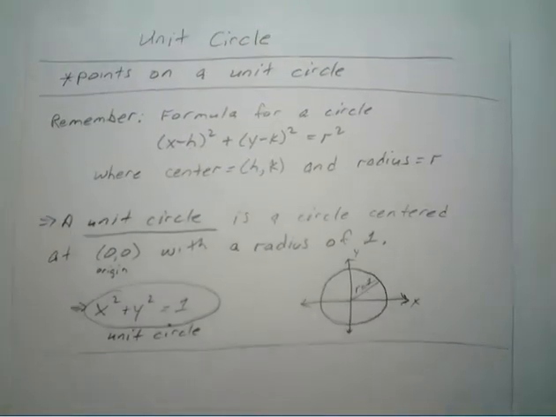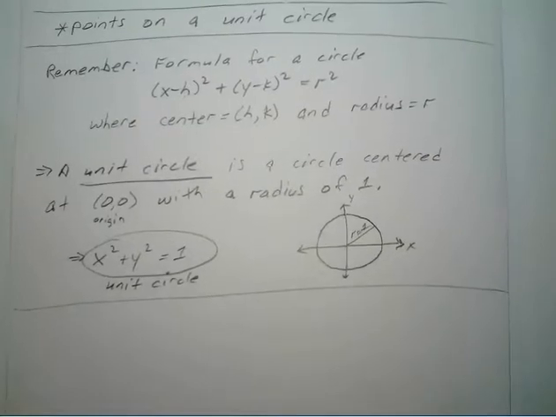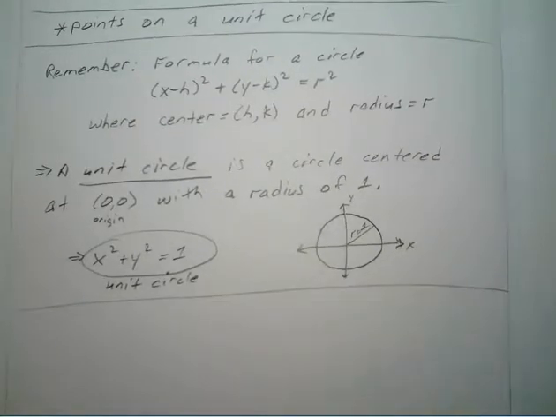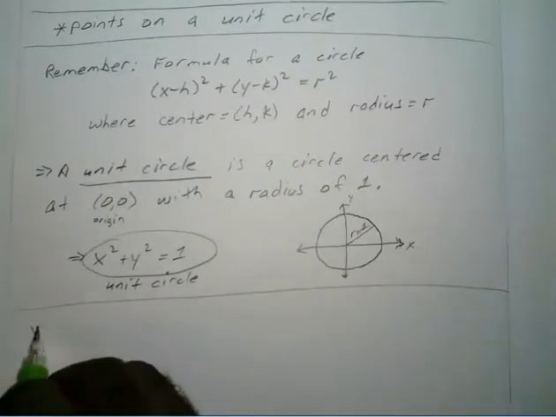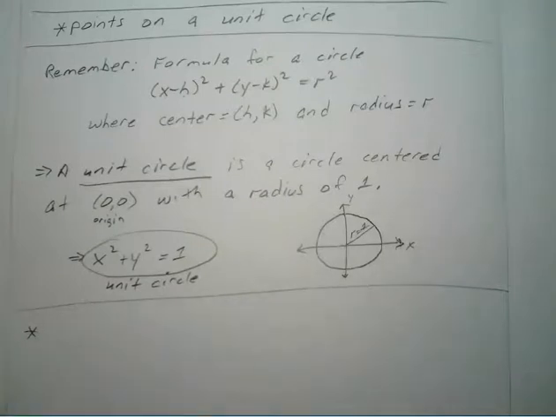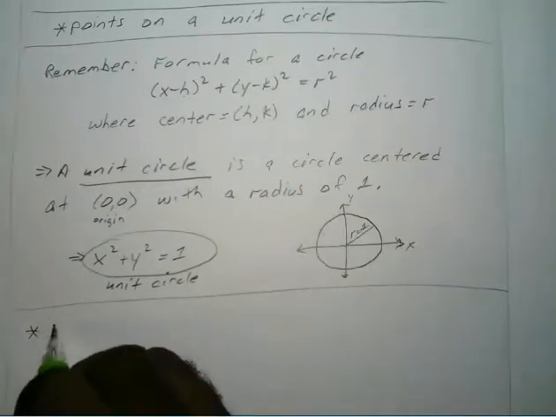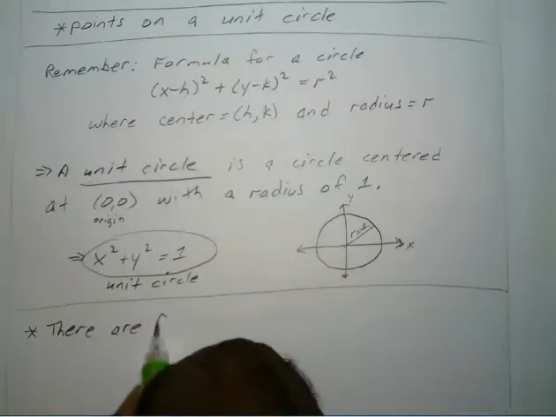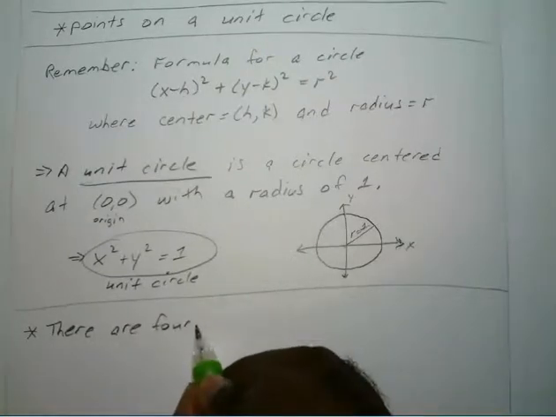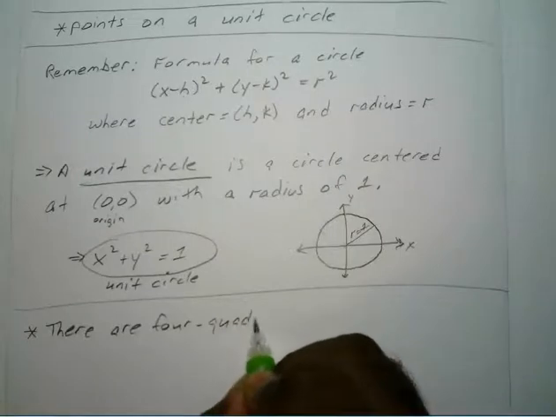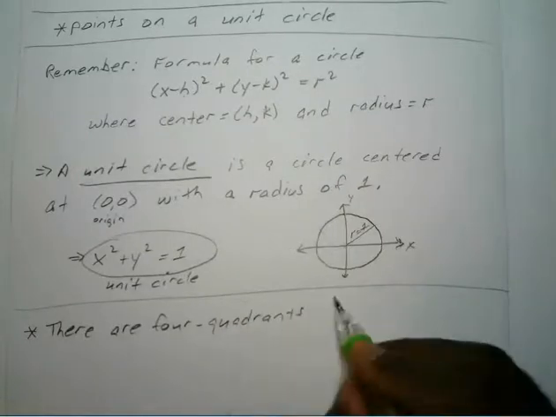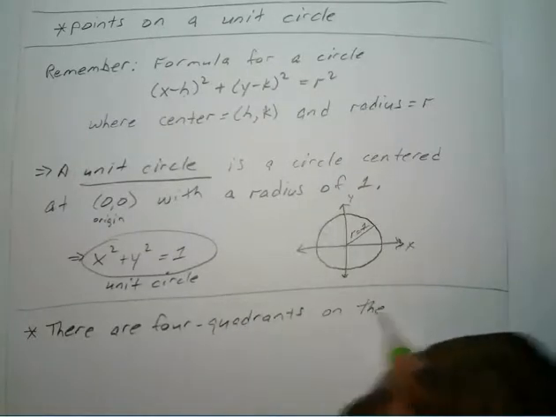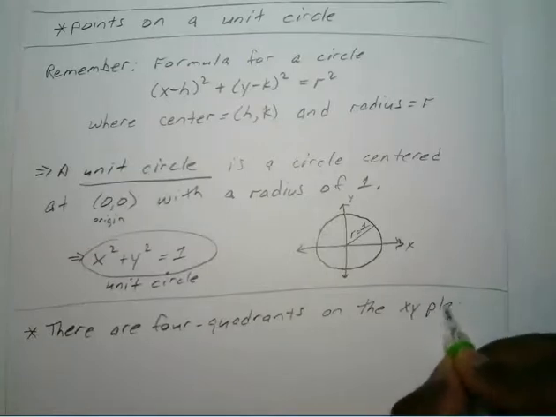Now, when messing with our unit circle, we have to remember one of many things. One thing we have to remember is that there are 4 quadrants on the XY plane.